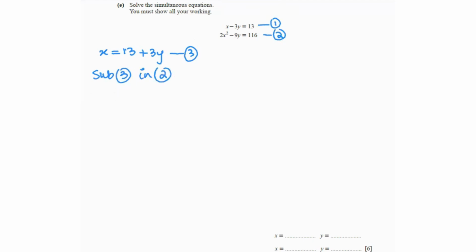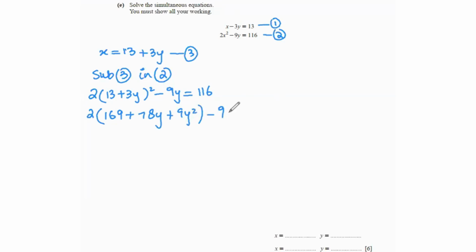Sub means substitute. So 2 times (13 plus 3y) squared minus 9y equals 116. So that's 2 brackets, 169 plus 78y plus 9y squared, minus 9y equals 116.